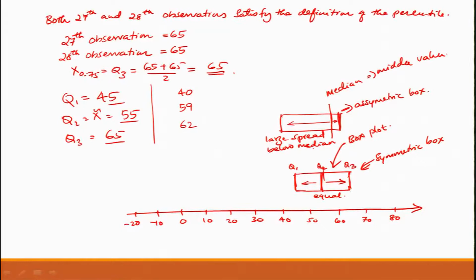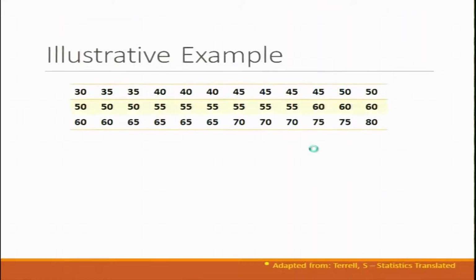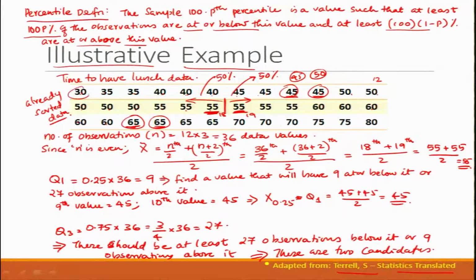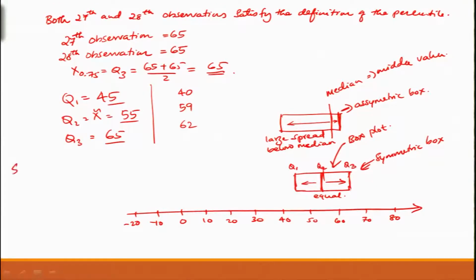Before we get into the outlier business, let us find the smallest and the largest values of the box plot. If we go back to the data, the smallest value is 30 and the largest value is 80. So, the smallest is 30, the largest is 80.